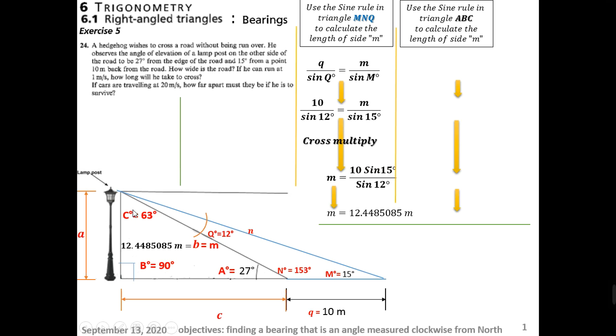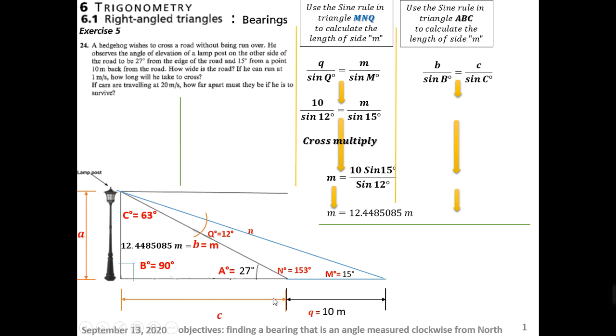So, if we go to triangle ABC, to calculate the length of side M, we're not calculating the length of side M here. Sorry, this is by mistake. We're going to calculate side C, as you can see, because we already found side M and B, which are equal, right?